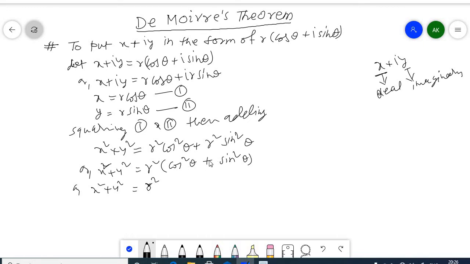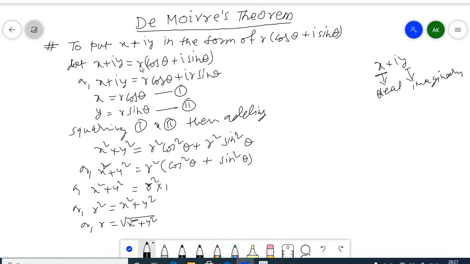What will be the value of this? This is 1. So r square into 1, that means r square is equal to x square plus y square, or r is equal to root under x square plus y square.